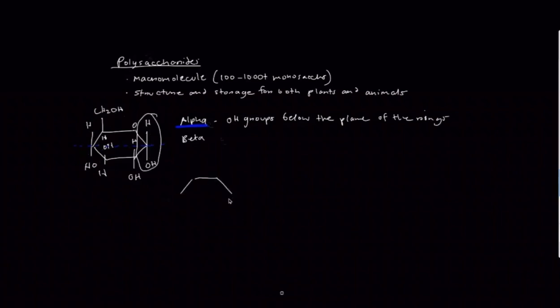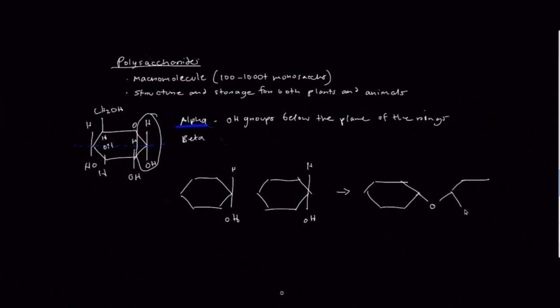So let's just say that we have an OH, hydrogen, and then we have another H, and then we have another OH. This would be linked in this manner. We have an O here, and then we have an O here.